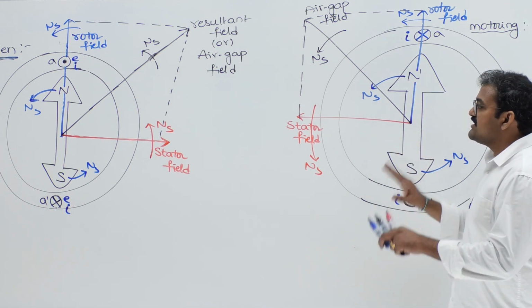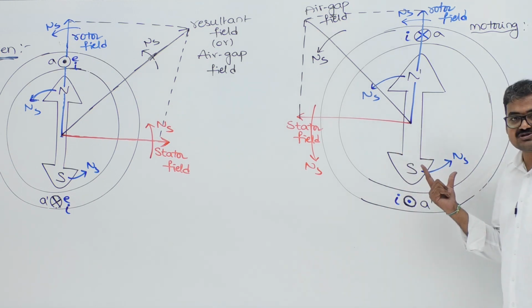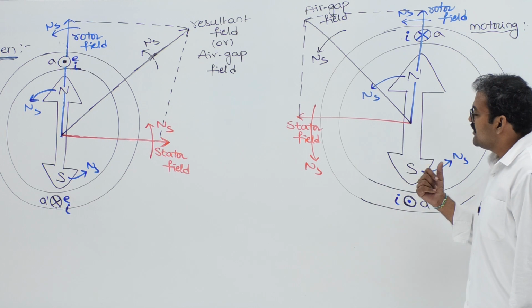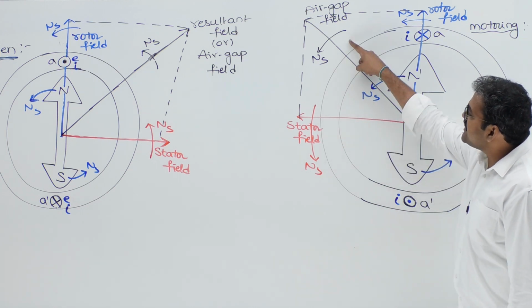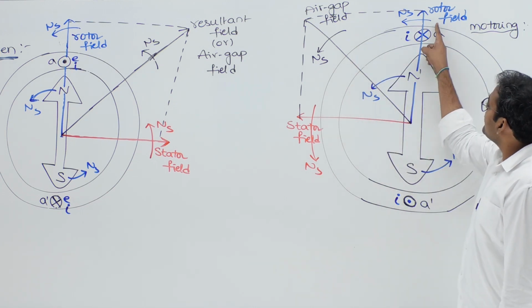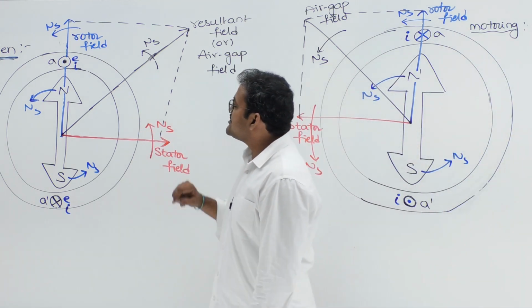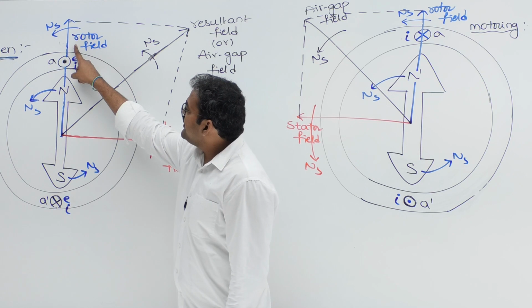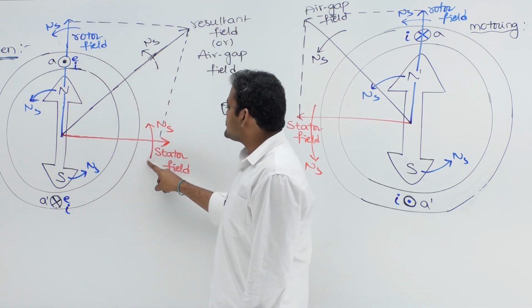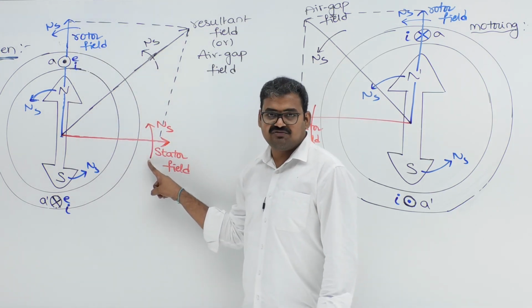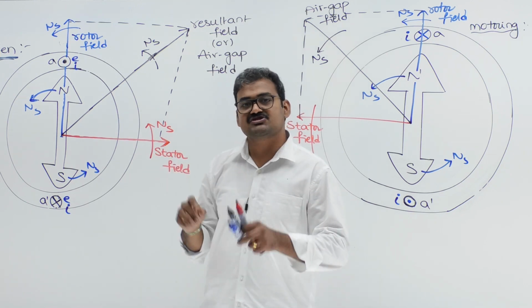Therefore, what is the final summary for the motor? In a synchronous motor, the stator field is leading the air gap field and the rotor field is lagging the air gap field. In a synchronous generator, the rotor field is leading the air gap field and the stator field is lagging the air gap field. So you have to remember these statements.